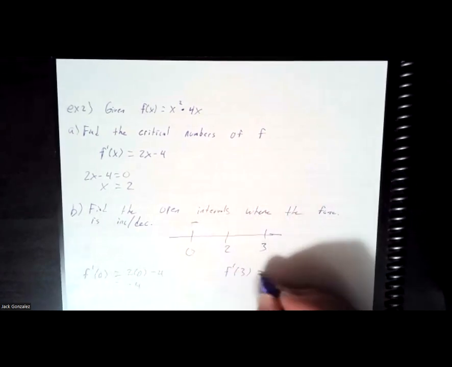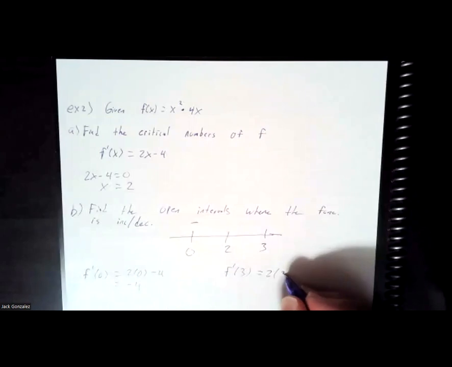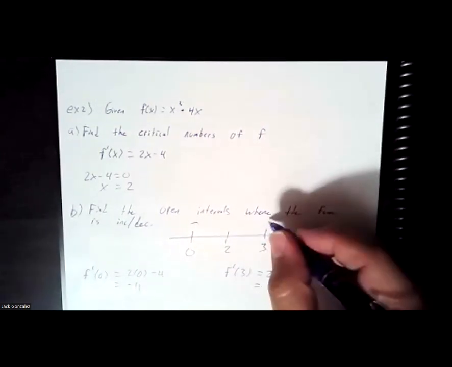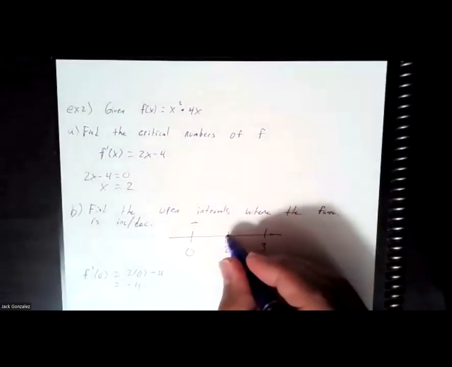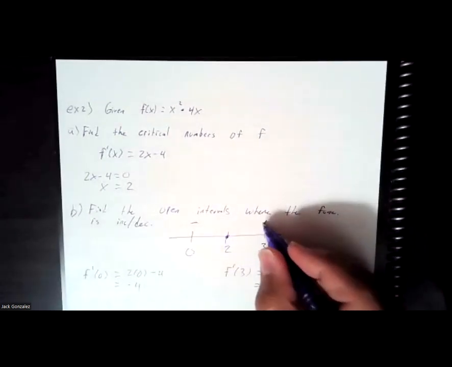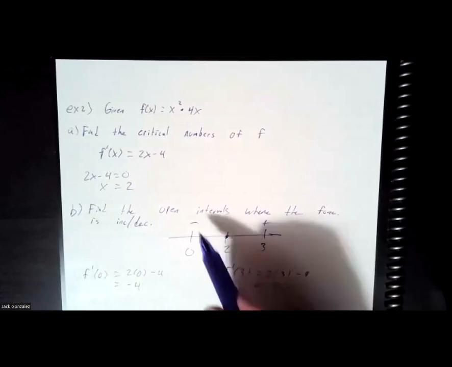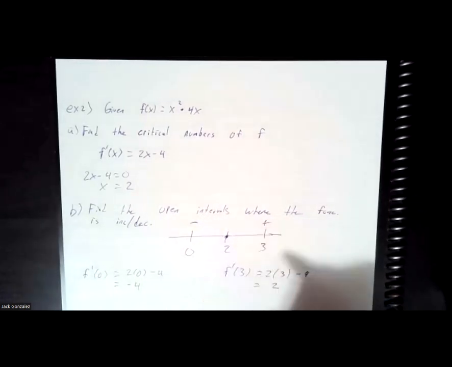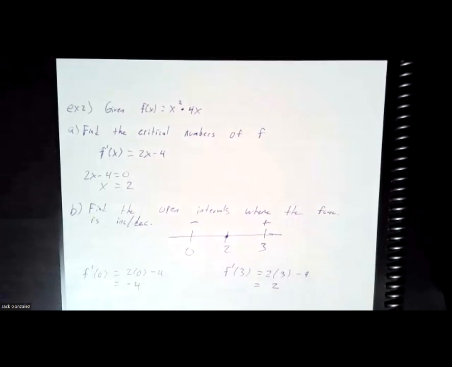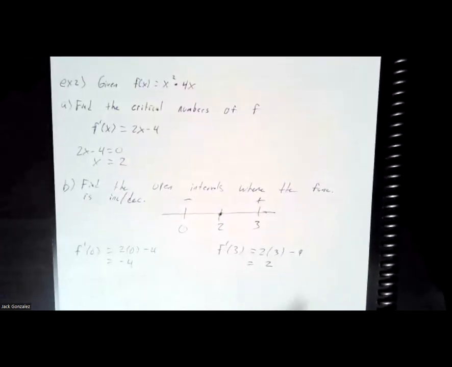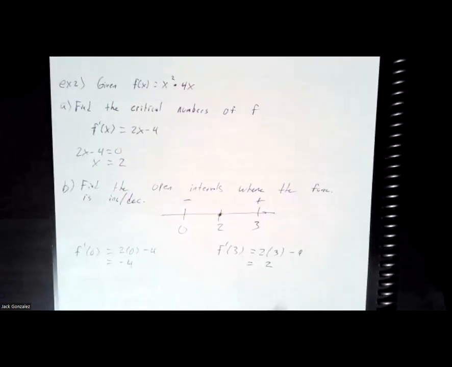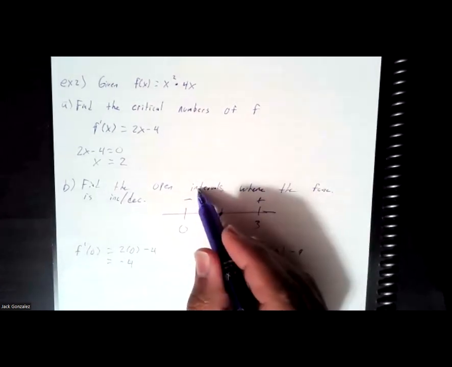Derivative at 3 would be positive. Yeah, it looks like it's almost the same. So plus. So I'm going to put a little dot here so I know that's the critical. Plus over here. So this would be, is this a minimum or maximum? What do you think? Minimum. Yeah, this is a minimum for sure.